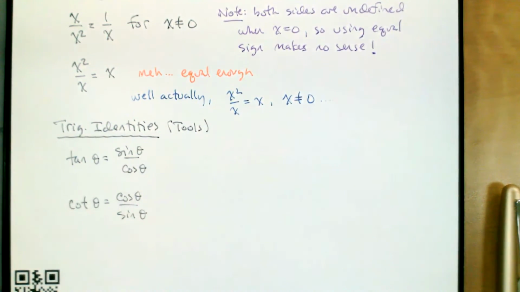Number one, or first category, tangent theta is sine theta over cosine theta. Cotangent theta is cosine theta over sine theta. We'll refer to these two as ratio identities.